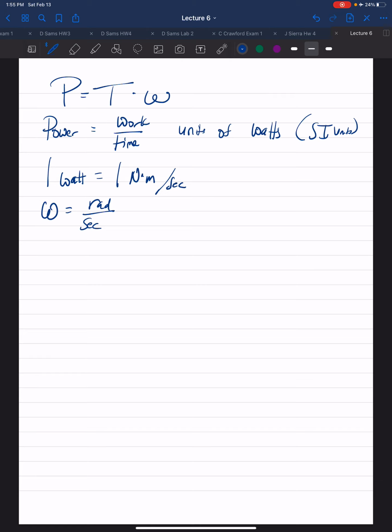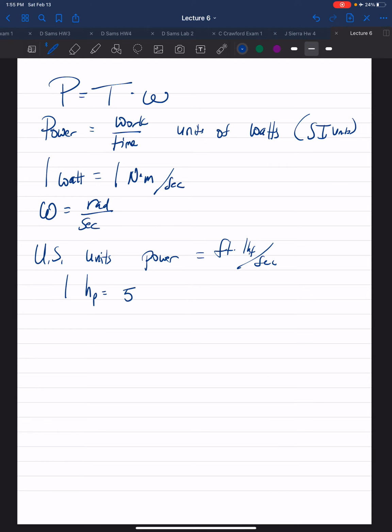In US units, power is expressed in foot-pound force per second. However, we use the term horsepower in US units, where 1 horsepower is 550 foot-pound force per second.